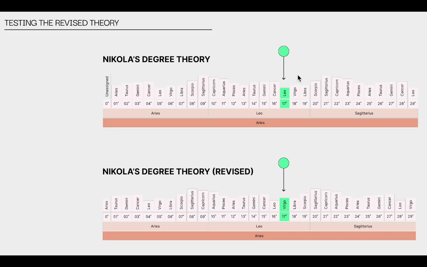So according to Nikola's degree theory, 17 degrees of Aries is Leo ruled. And in the new revised degree theory, 17 degrees is Virgo ruled.